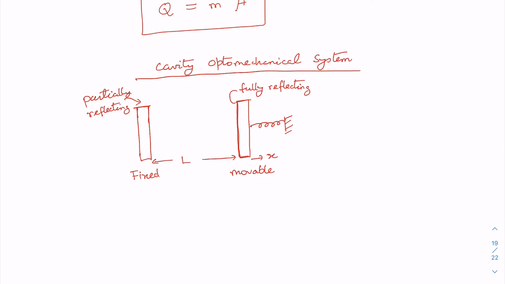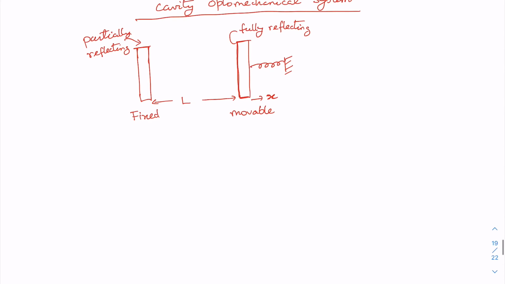As you will see later, this displacement X of the movable mirror turns out to be a very important variable. Now let us guess the Hamiltonian. We'll do the guessing work now, and later on we'll of course study this Hamiltonian in great detail.